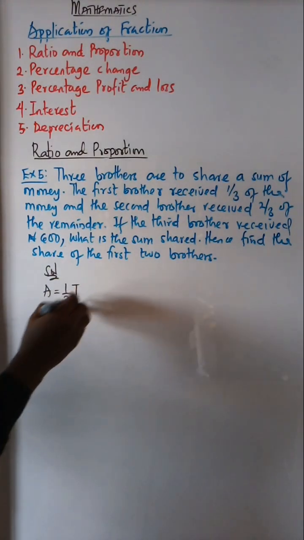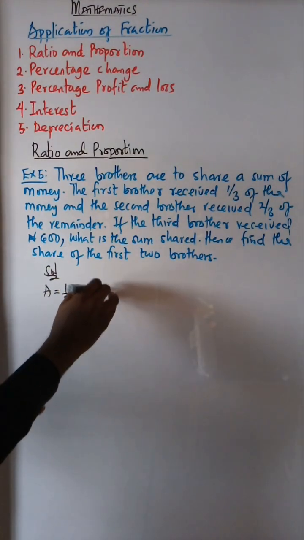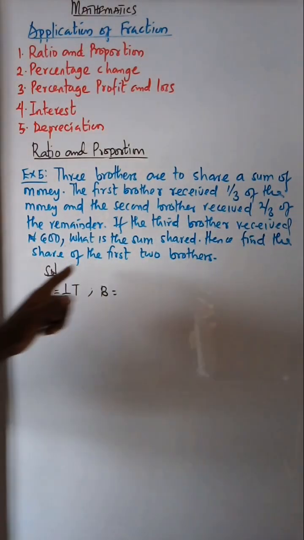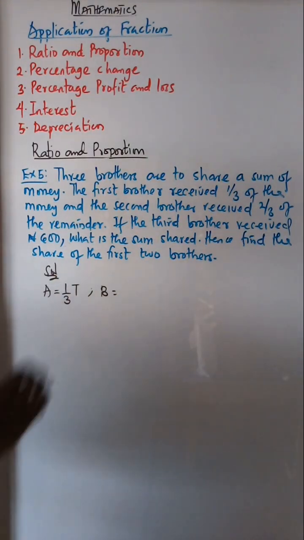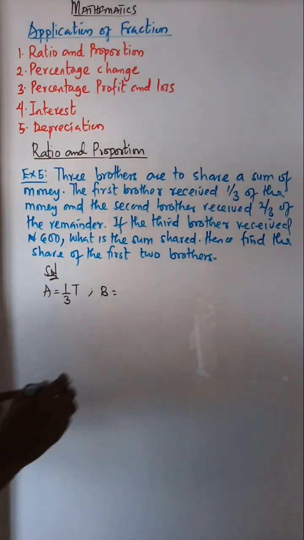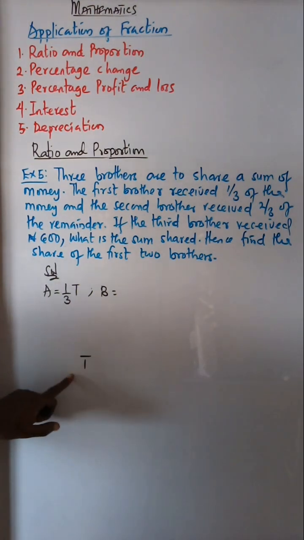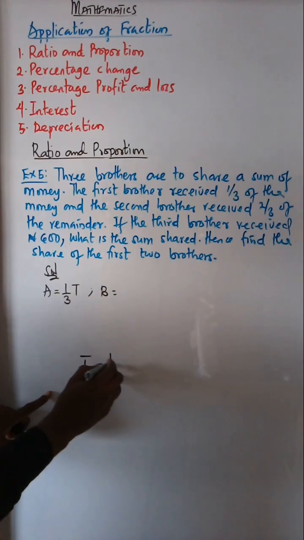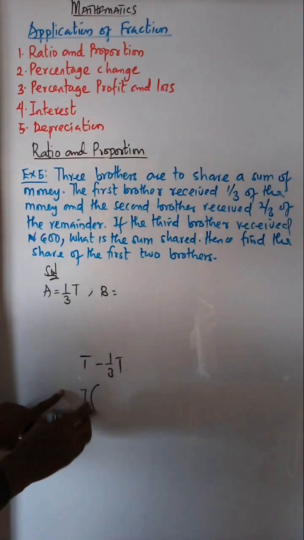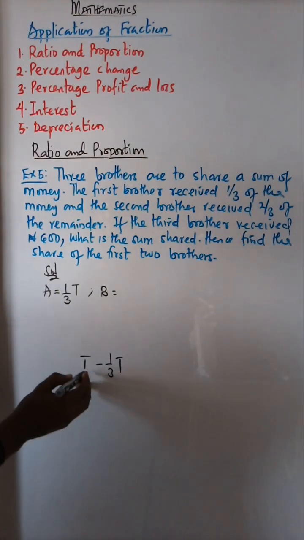The second brother, let's call him B, received 2/3 of the remainder. From 1/3 of the total, what will be the remainder? The total is T. From this total, the first brother took 1/3 of the total. We can write the total as T over 1.